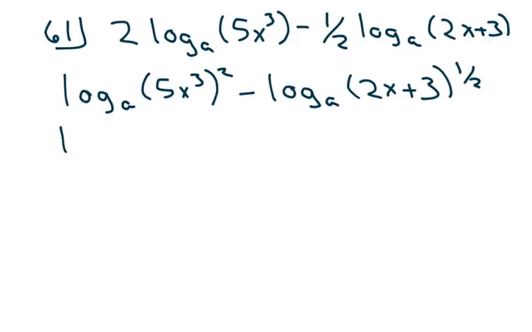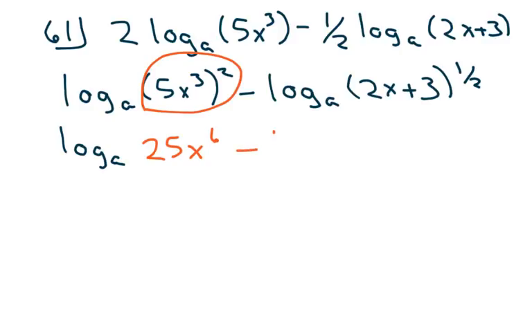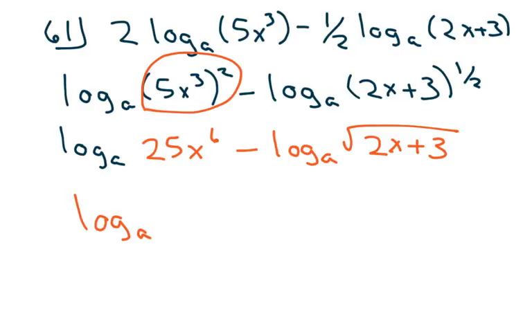Now this first part in here is 25x to the 6th, and then basically this is, if you want to write this in radical terms, that would be square root of 2x plus 3. And then we have log base A of 25x to the 6th over square root 2x plus 3.